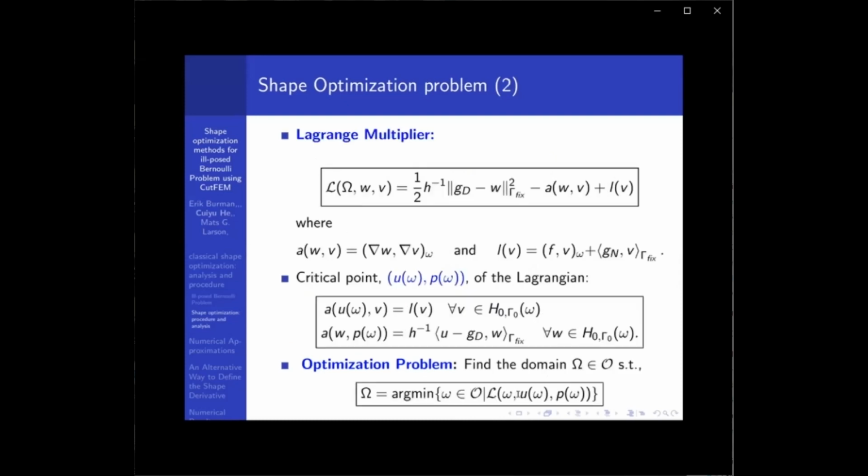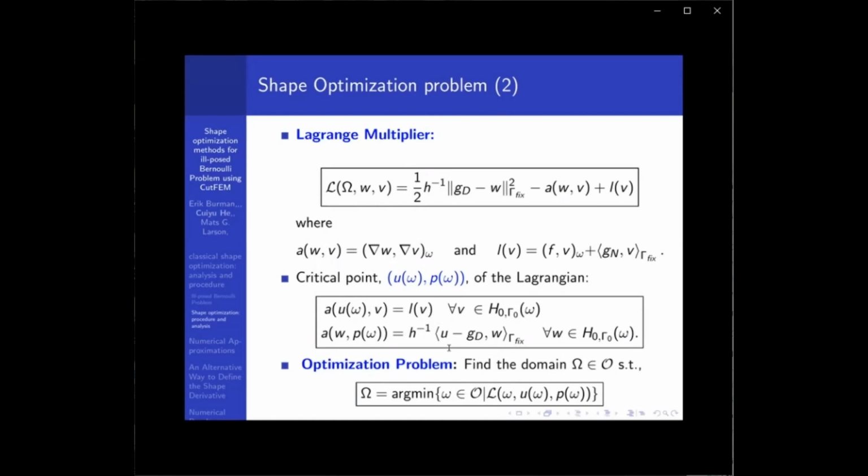Since it is a constrained PDE, we can embed the constraint into the Lagrange multiplier and then take the Gateaux derivative with respect to w and v. We can find the corresponding primal and dual solutions denoted by u and p here. u and p need to solve again 2 Poisson type PDE problems, and numerically we will use the cut finite element method to solve this.